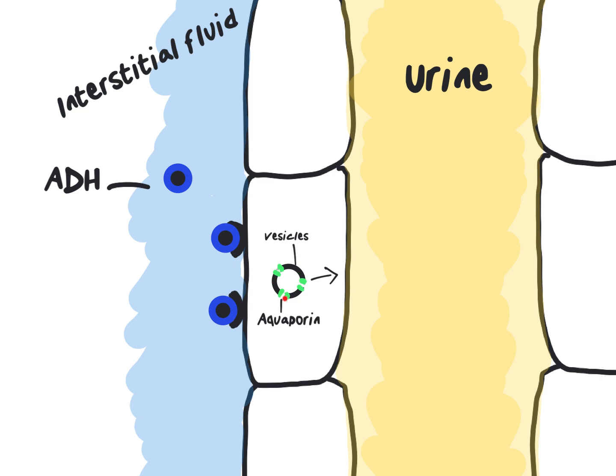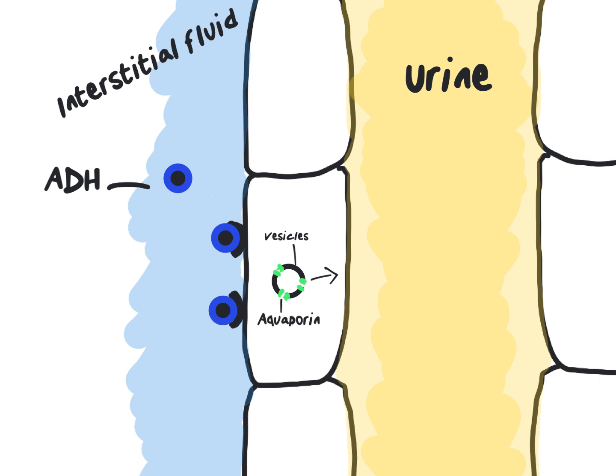And these are special vesicles. Within the membrane of the vesicle, we've got a protein called aquaporin. Aquaporin is an intrinsic protein within the membrane, which is a channel protein, and it allows for the bulk movement of water across a membrane.